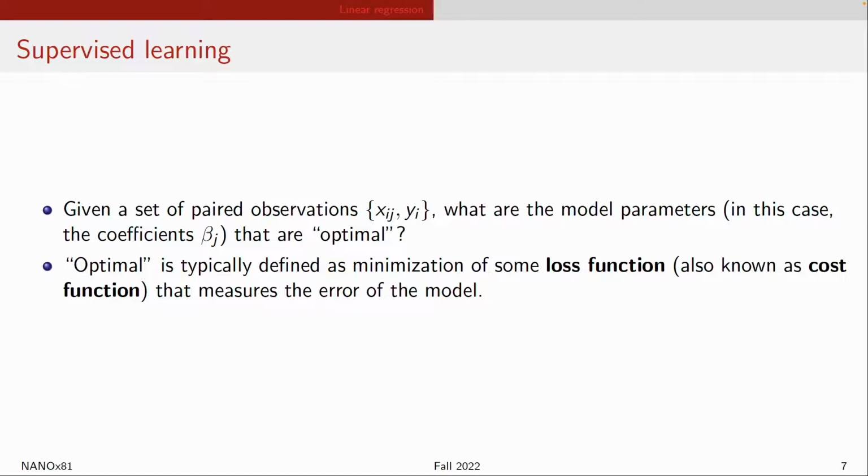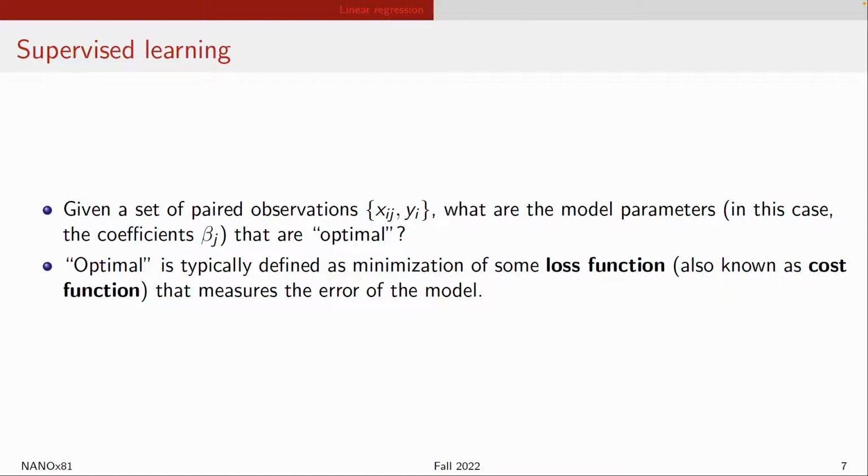So in supervised learning, when applied to linear models, basically all that we are trying to do is to say, well, let's say I do multiple measurements of my inputs and outputs. So let's say I'm trying to predict the formation energy from, say, the electronegativity of my elements. I will basically measure the electronegativity of each of the elements, and I measure the formation energy of each of the elements.